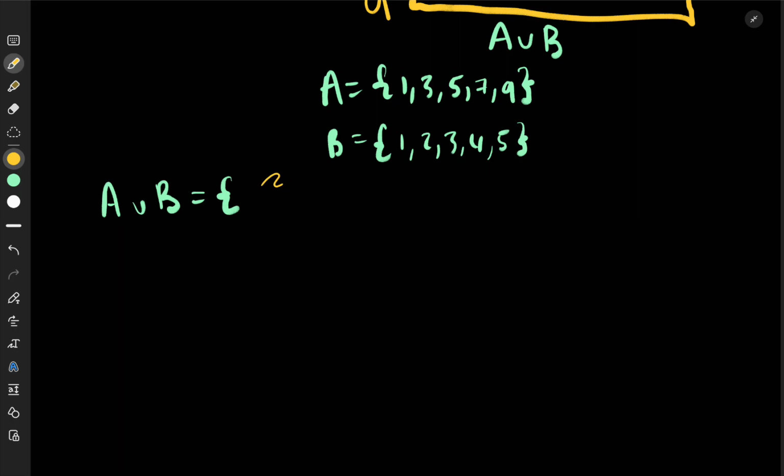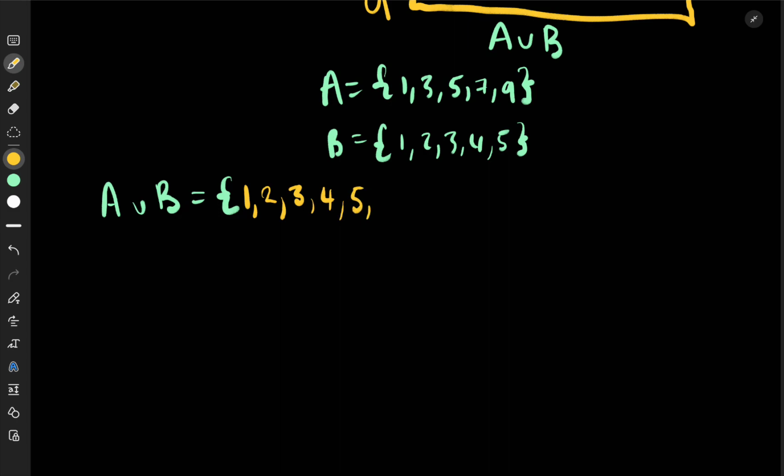I'll take 1. Is 1 in A or in B? Yes, it's in both, so we can take it. 2, is 2 in A or in B? Yes, 2 is in B, so we can take it. 3, is 3 in A or in B or in both? Yes, in both, so we take it. 4, is 4 in A? It's not in A, but it's in B, so we can take it, because it should be in A or in B or in both. 5, is 5 in A? Yes, so we can take it.